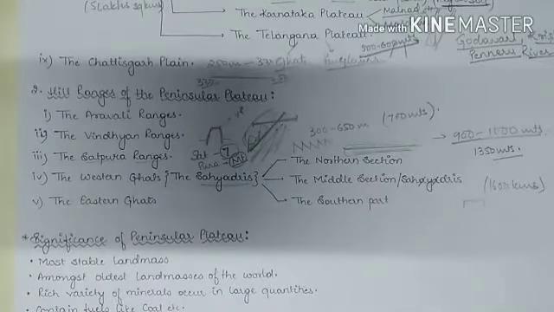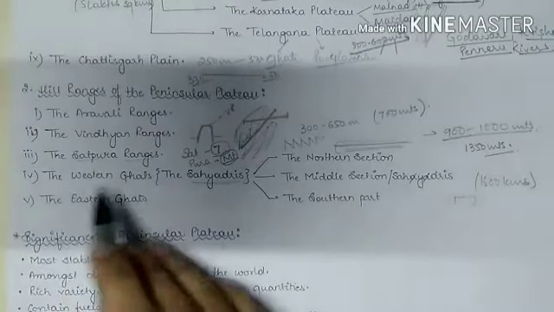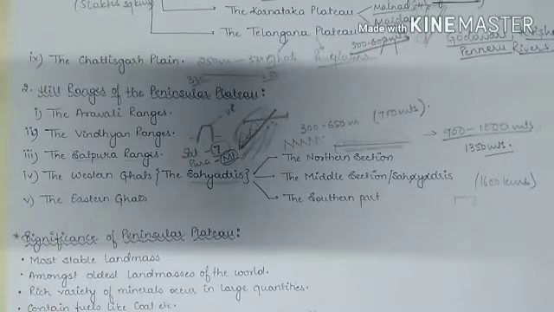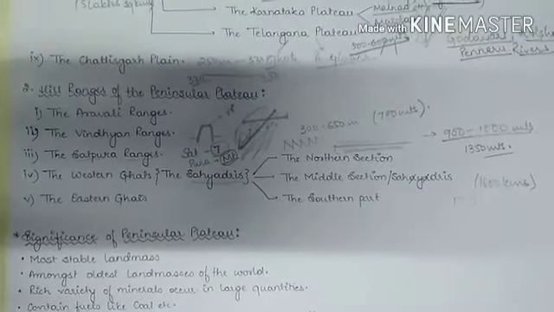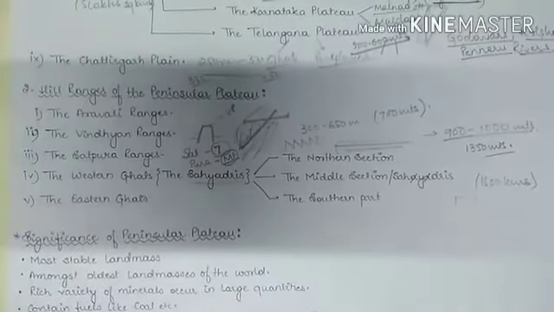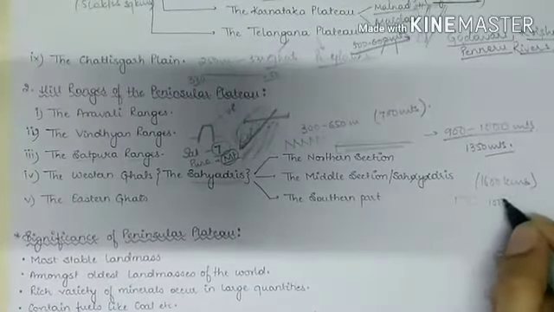These Western Ghats have horizontally bedded lava on which weathering has taken place. Now the average elevation is about 1000 meters.